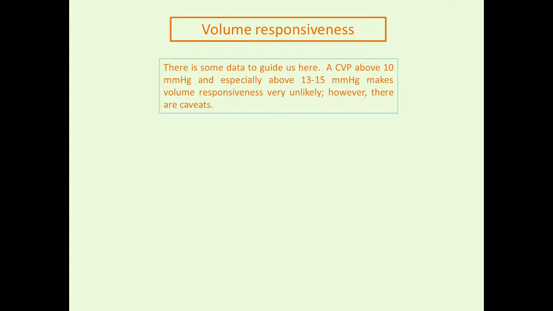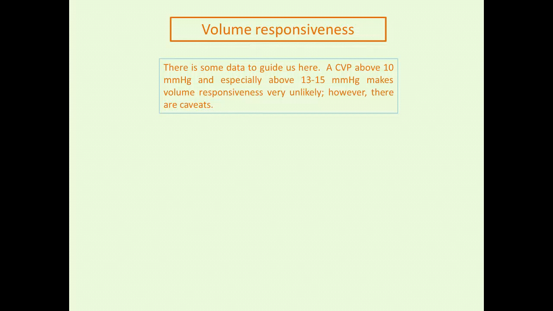And the caveats essentially stem from anything that can shift your cardiac function curve rightwards. And we talked a lot about this in chapters 3 and 4, in variables that will shift your cardiac function curve rightwards in relation to the systemic venous return curve.